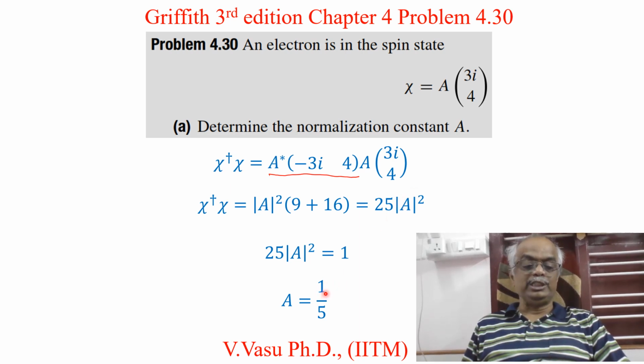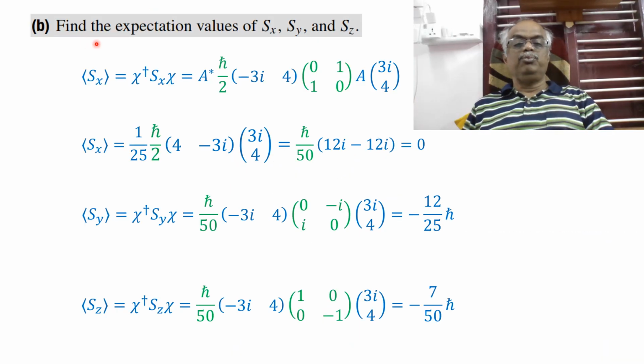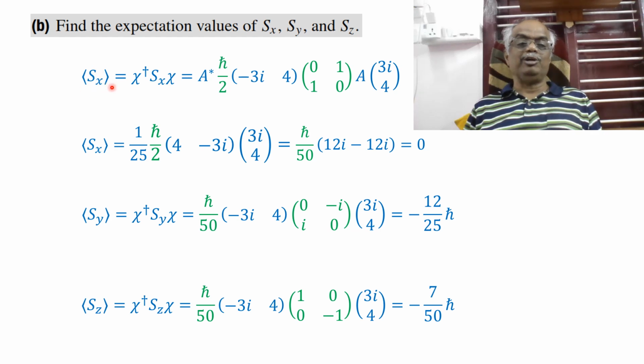Next, we will move on to the second one. Part (b) is to find the expectation value of Sx, Sy, and Sz. First, you find the expectation value of Sx.